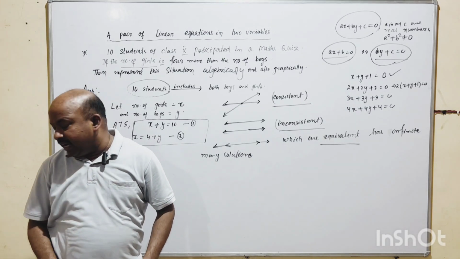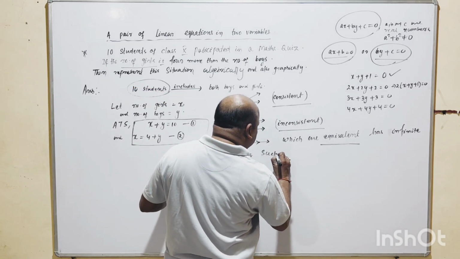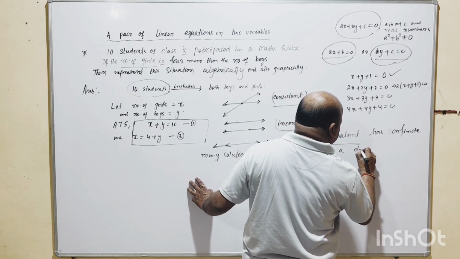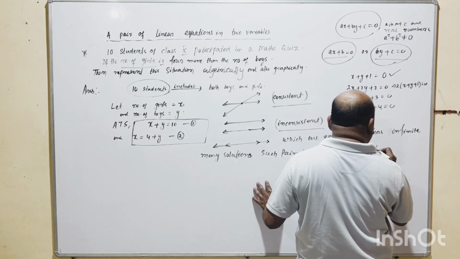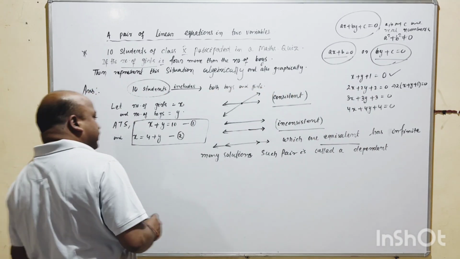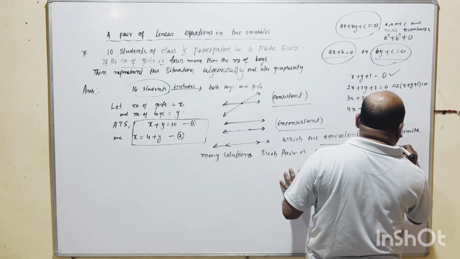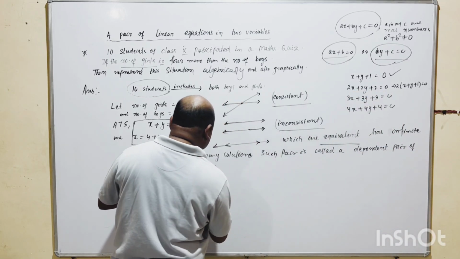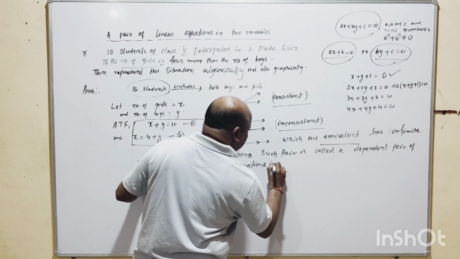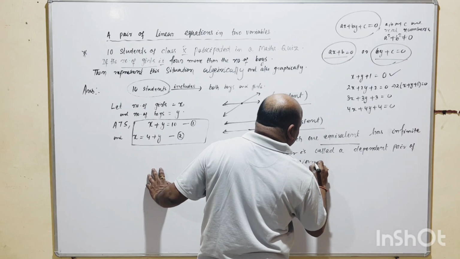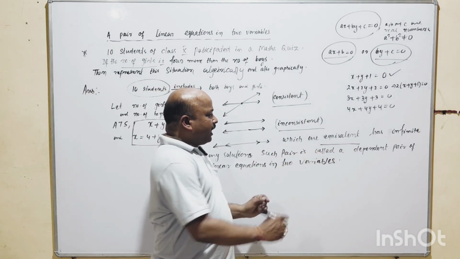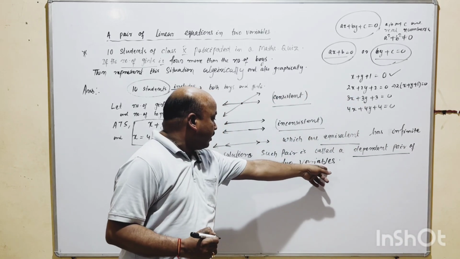Such a pair is called a dependent pair of linear equations in two variables.